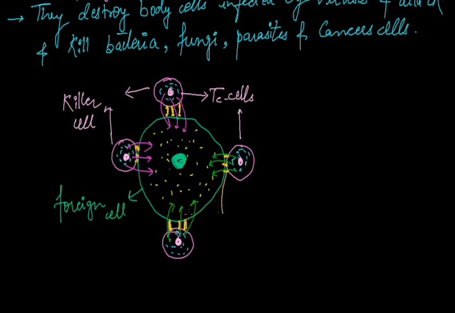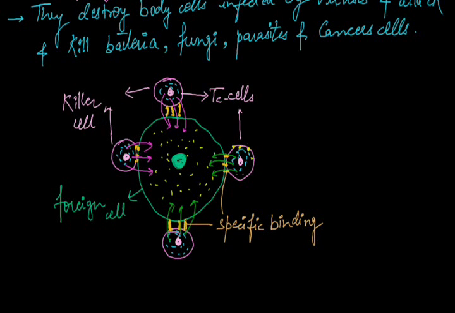Specific binding plays a key role in initiating the killer cells and releasing the cytotoxins. So in this manner the foreign cell will be destroyed.